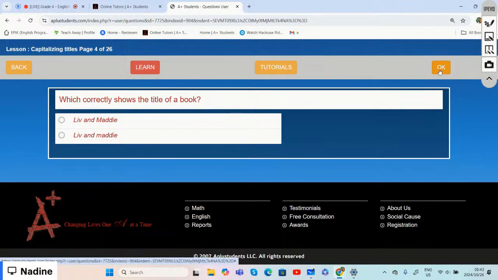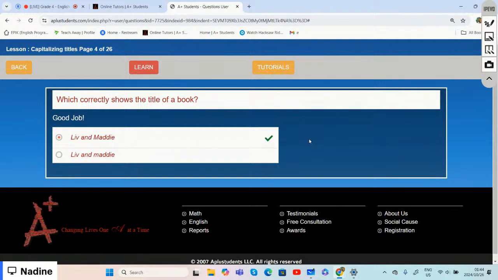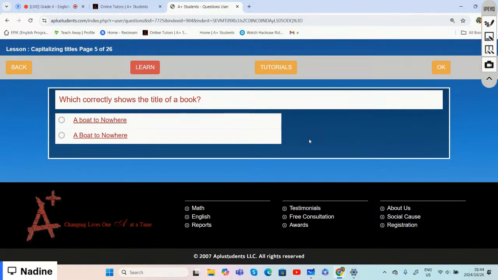So for the book title, we say the capital letter L in Live, and the last word Maddie is capitalized. So which means that if we were to fix it, we would go with option one. All right, and that is correct.